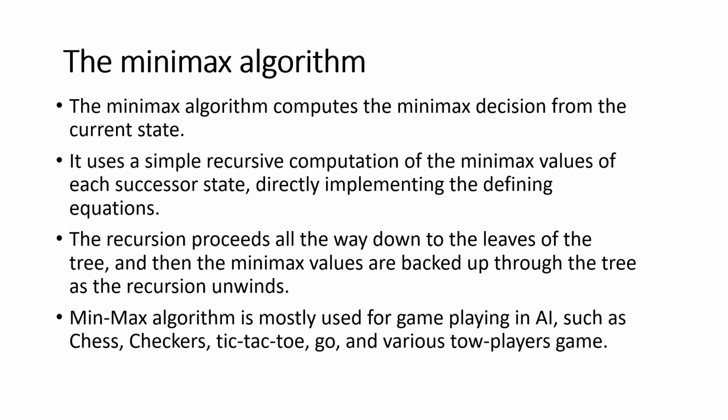Once the recursion reaches the leaves, utility values are returned, and the min nodes take the minimum and max nodes take the maximum. So we have to go down, evaluate, and come back and decide. First go deep, then come back and make the decision.